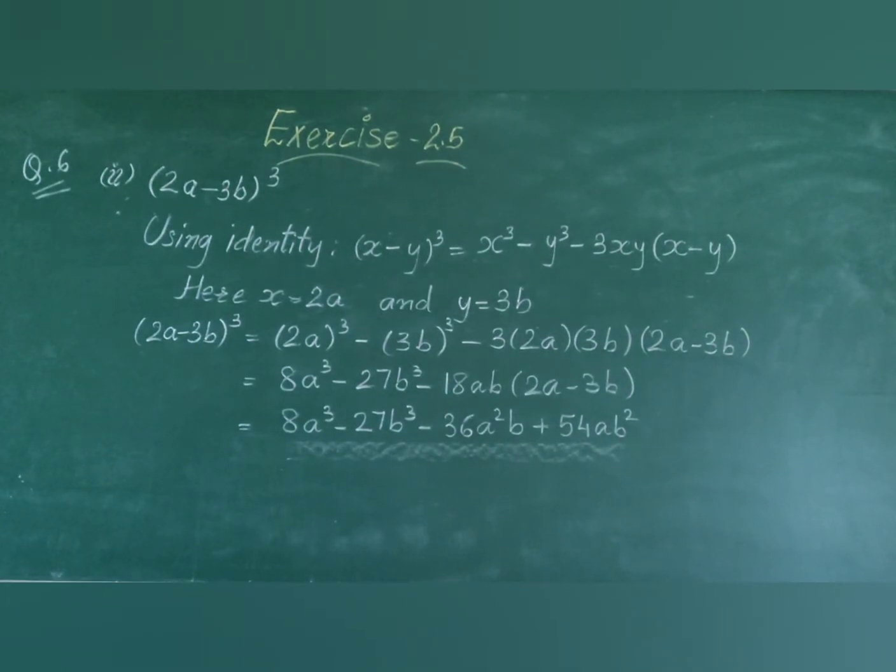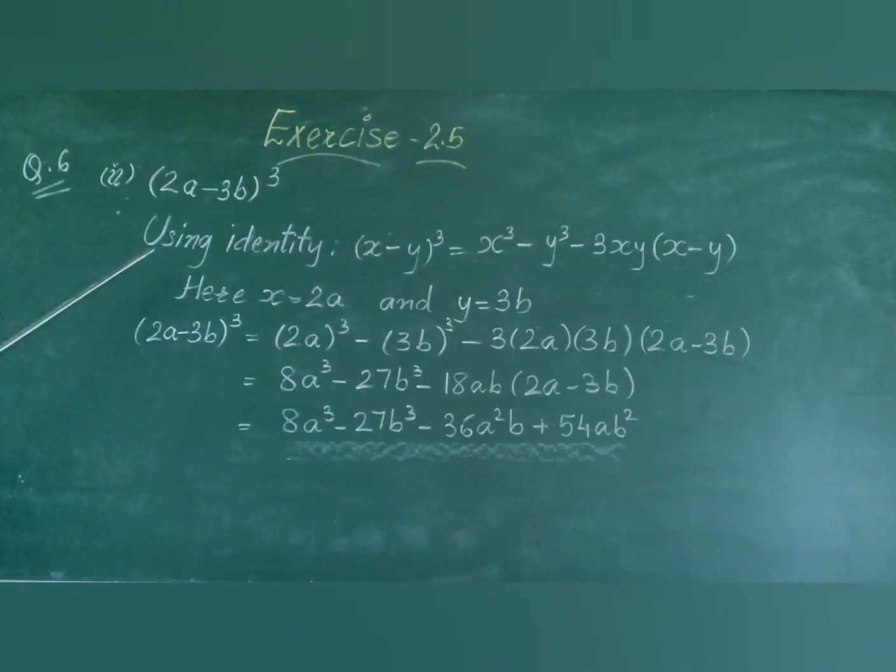Now question number 2, that is (2a - 3b) whole cube. Again we use the identity for cube, but this time we will use the identity of cube for subtraction. So that is identity number 7. So using identity 7, that is (x - y) whole cube = x cube - y cube - 3xy(x - y).